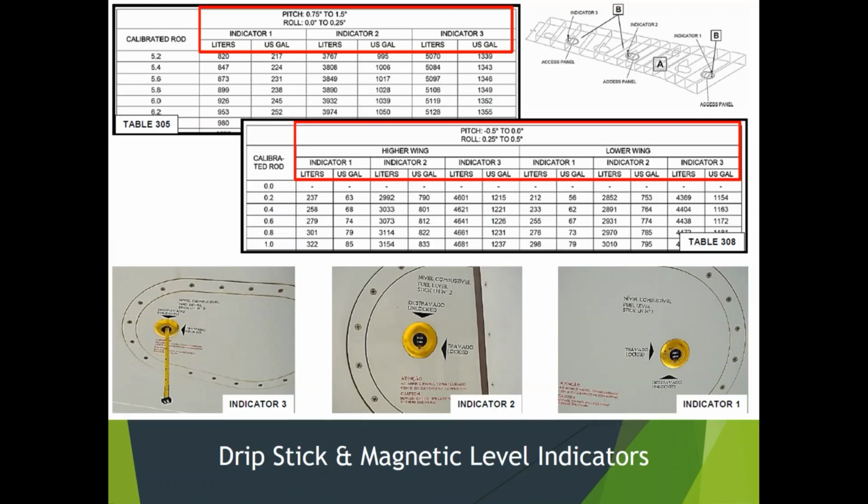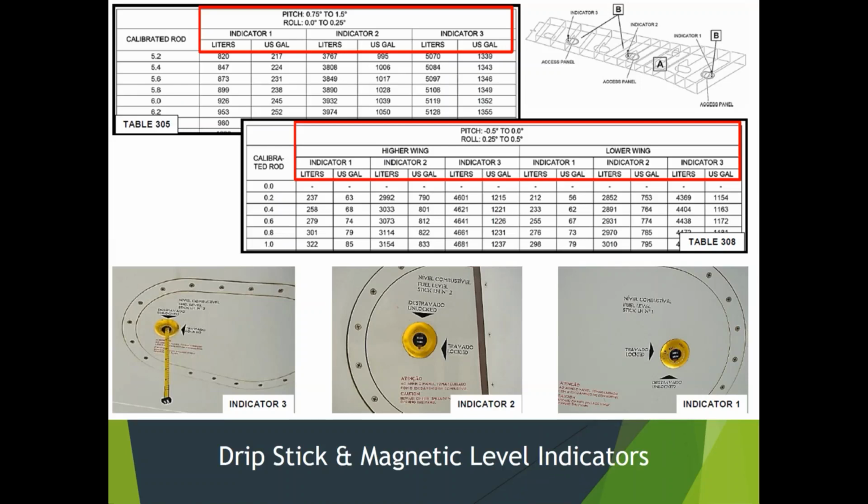It gives you a volume in that tank. Here it is, 0.75. There are quite a few of these charts, for all different combinations of pitch and roll: left wing high, right wing high, nose high, nose low. Pitch negative means nose low, pitch positive means nose up. So this gives us a volume.